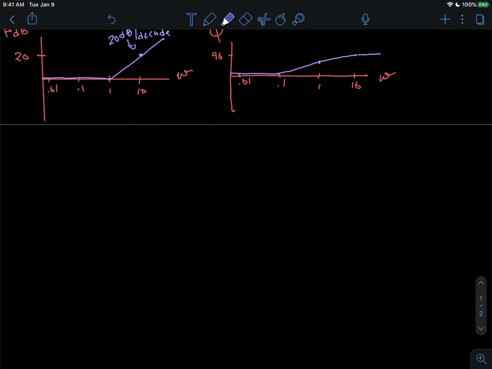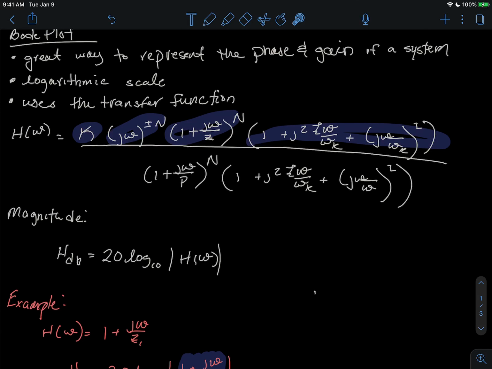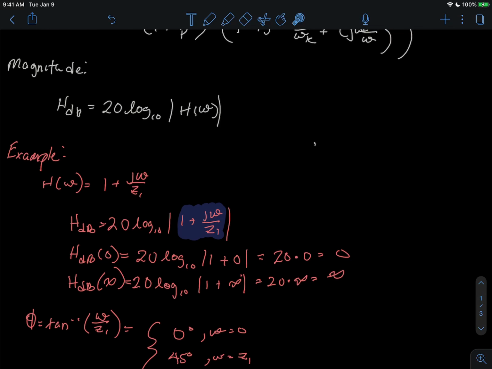So if you go to table 14.3, on page 621, it shows you all the elements of that general formula, like this one right here. It'll show you the phase and magnitude of these individual things. So you can just look at that and go over it.